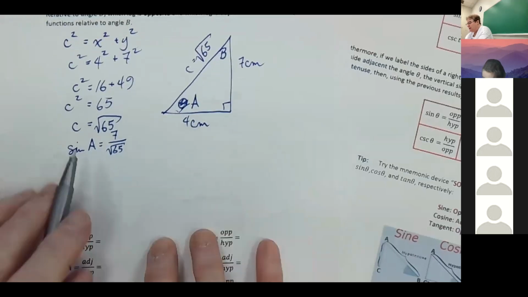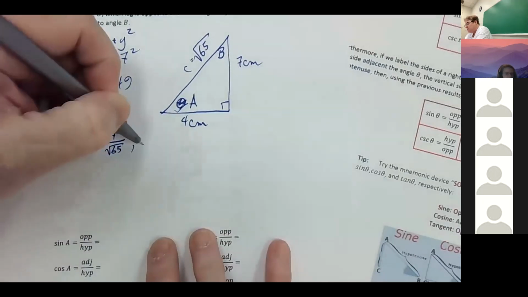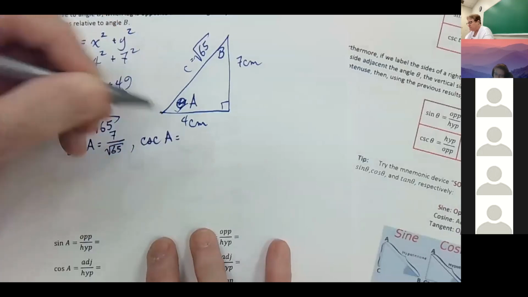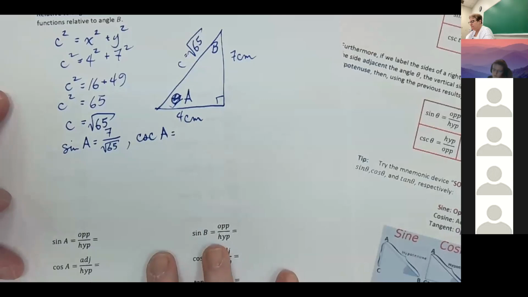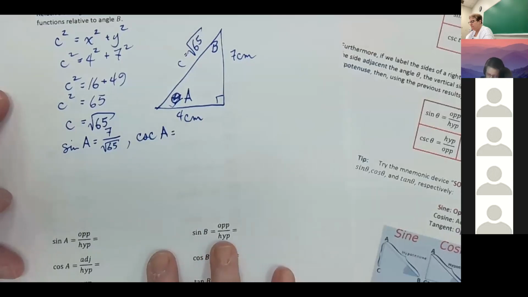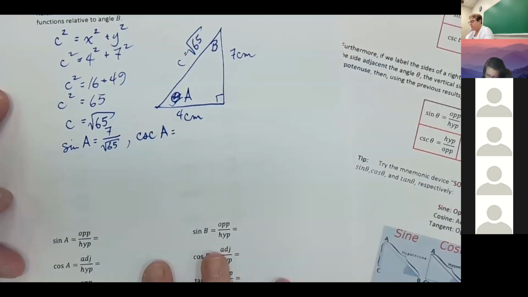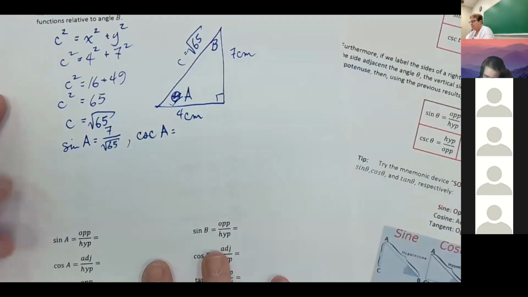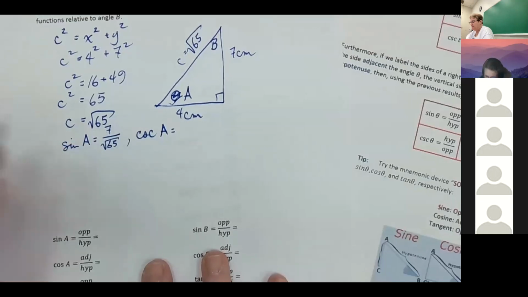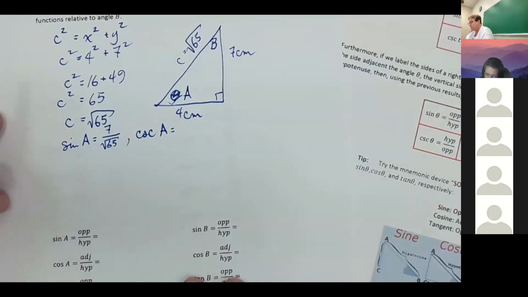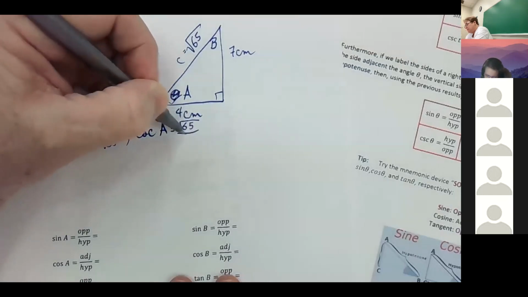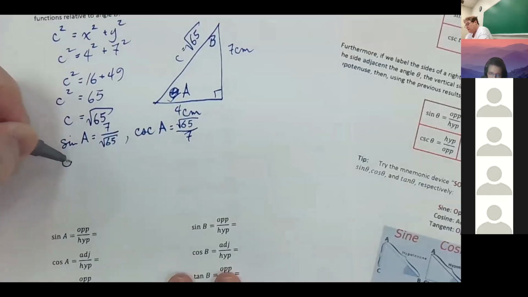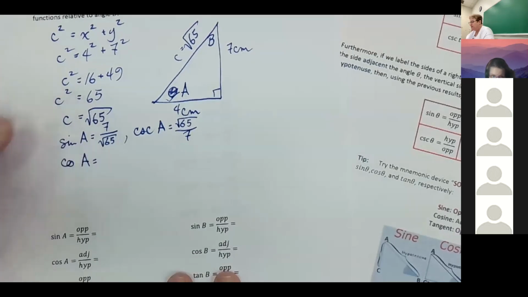We know the sine, so does that help us find the cosecant of A? What is the reciprocal of 7 over the square root of 65? Excellent. What is the cosine of A?